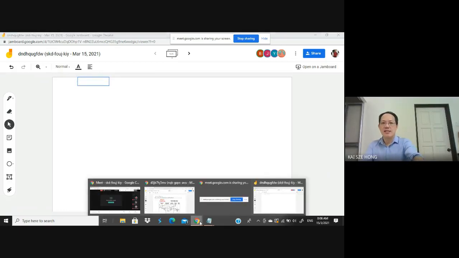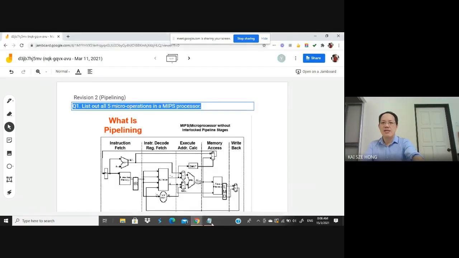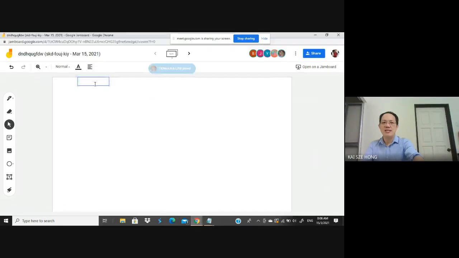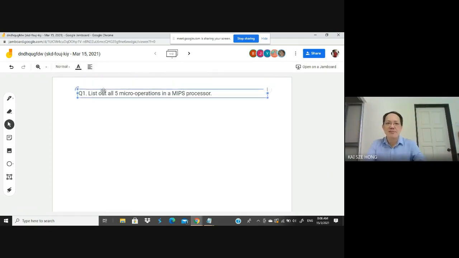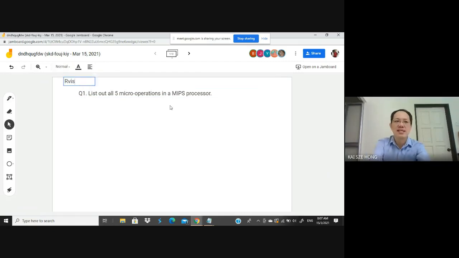Let me copy it, and then I will paste over here. List out all 5 micro operations in a MIPS processor. This is revision 2 related to pipeline.